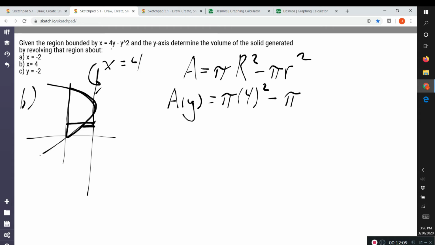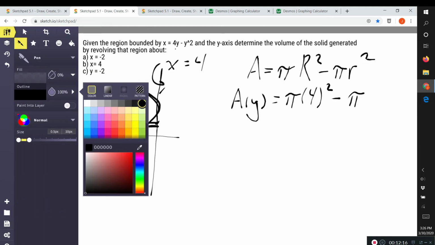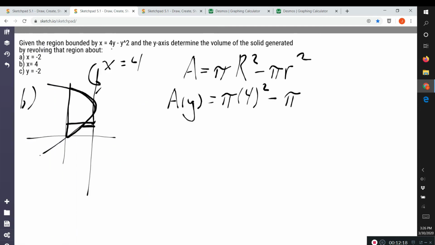Now this is a little bit trickier to reason out. So, switching colors here. The distance to the curve from that line can't be simply modeled with the equation. The equation gives us this distance right here in blue.